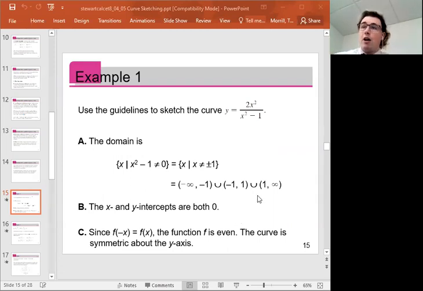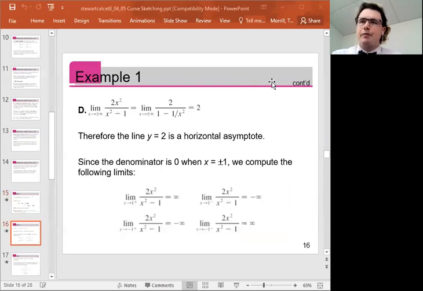Oh, cool. All of this information I'm getting just from looking at this formula and trying to understand what the algebra is asking me to do. Now let's get to some of the calculus material. Let's look at our horizontal asymptotes.